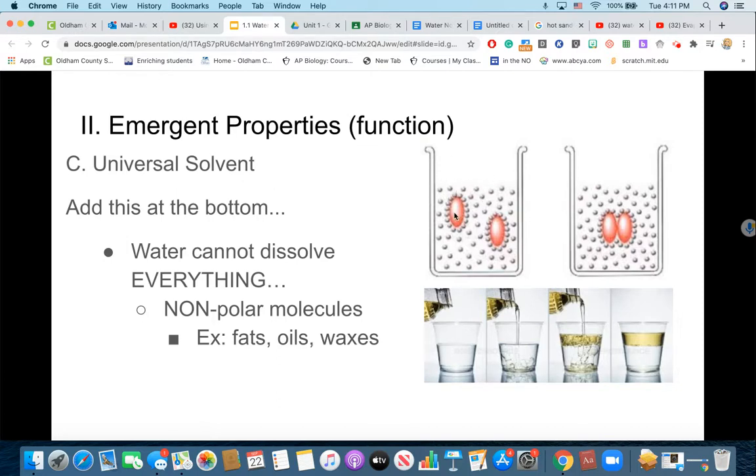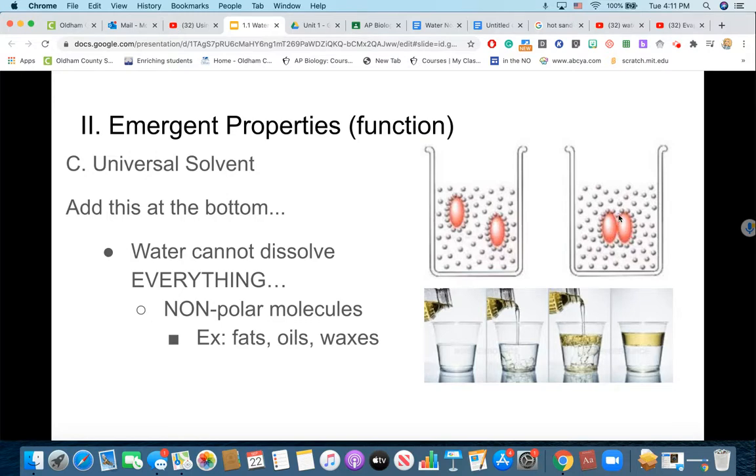Over here, the red dots are polar or ionic molecules. And so you can see water gets all the way around and clusters all the way around and starts the dissolving process. Over here, these red circles are nonpolar. And so the first thing to notice is that nonpolar molecules are actually attracted to each other. And so they clump together and they hang out together.